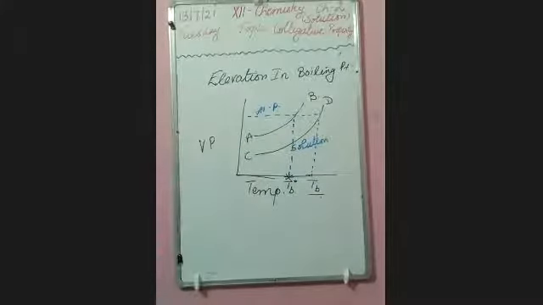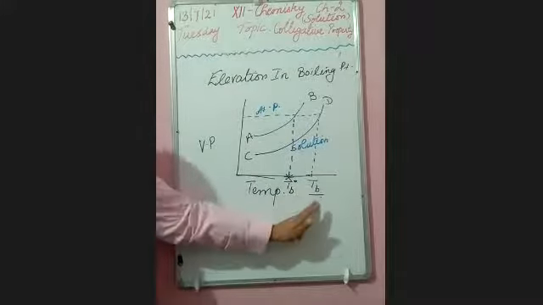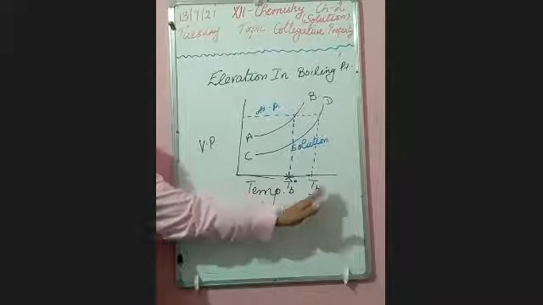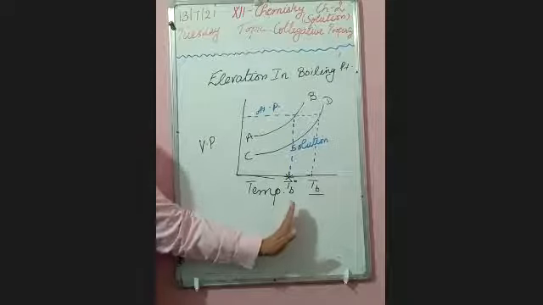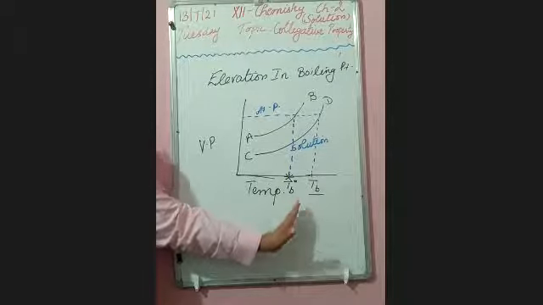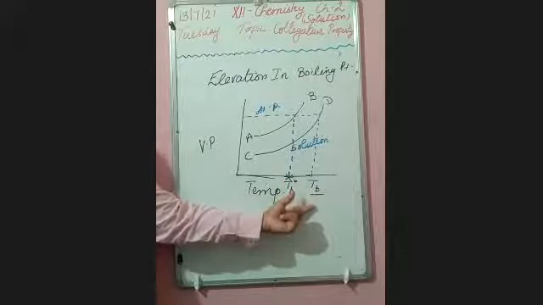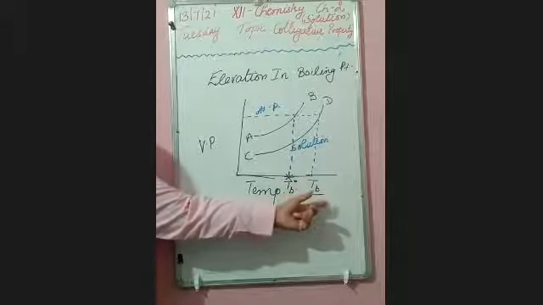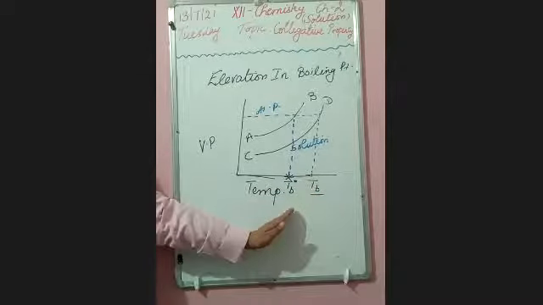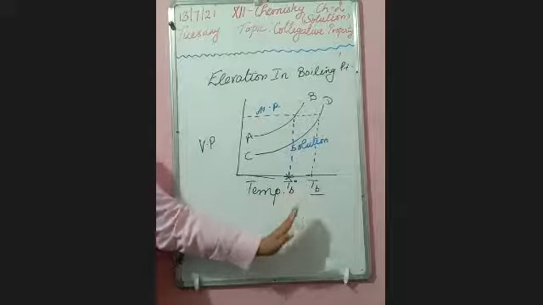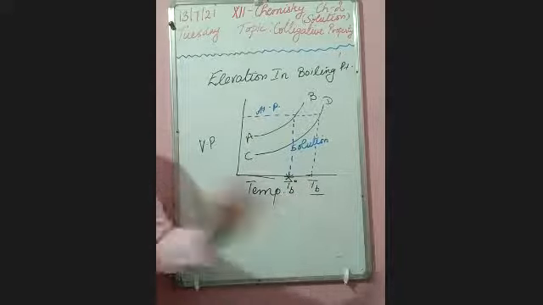That point is the boiling point, and you can see from this graph, this is greater for solution than that for pure solvent. So, this Tb minus Tb naught, Tb is your boiling point of solution and Tb naught is the boiling point of solvent. This elevation is known as elevation in boiling point.